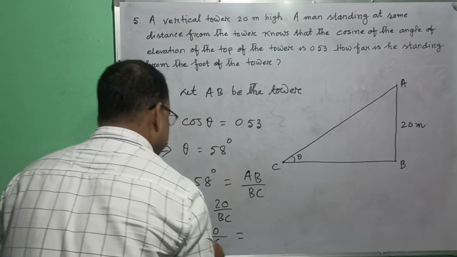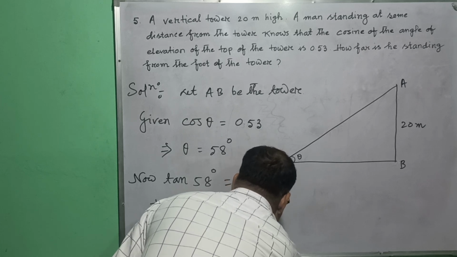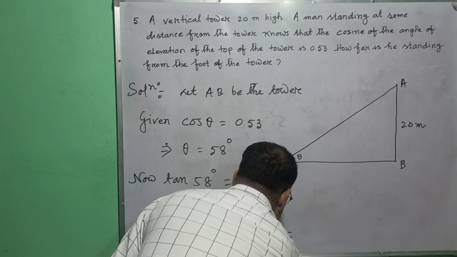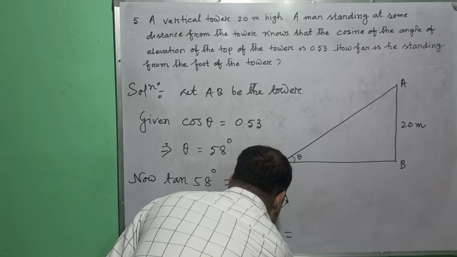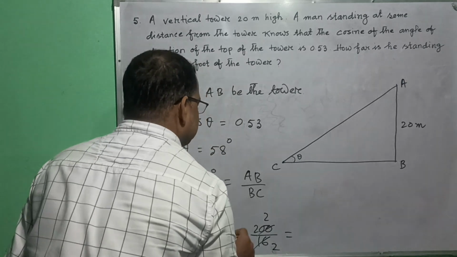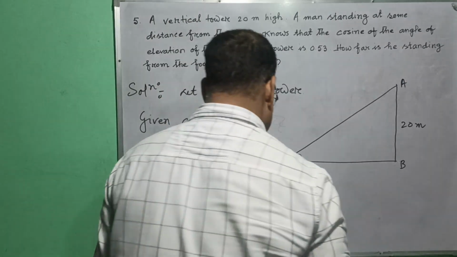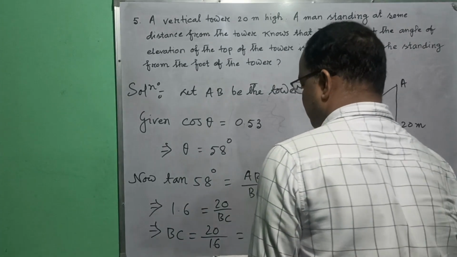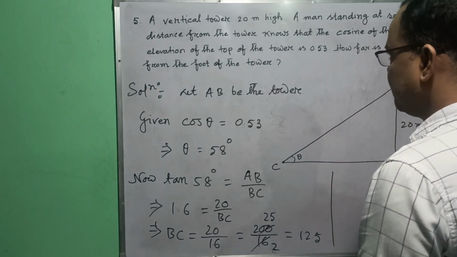That is 200 divided by 16, and we can cut it by 8. If we divide by 8, it is 2 in the numerator and 25 in the denominator, so it is 25 by 2, equal to 12.5. Now we write the answer.